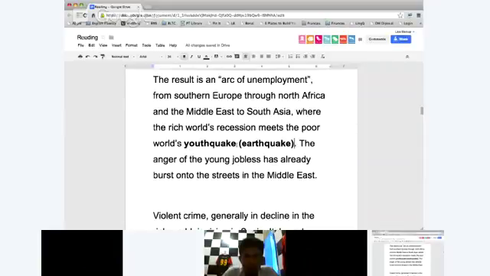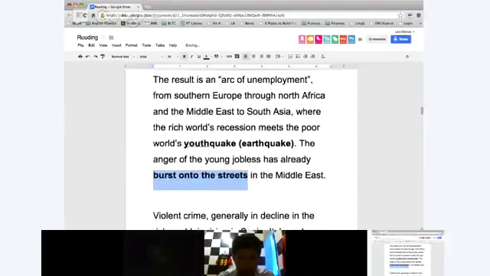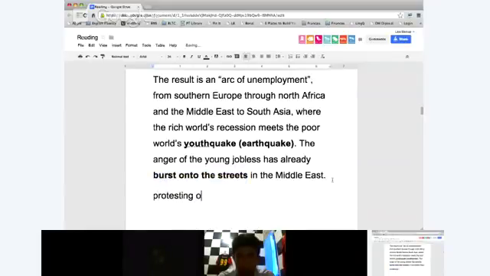But their idea here is the youthquake, and that means that young people in different countries around the world who cannot find jobs are getting mad, they're getting angry, and so they're making movement and disrupting. They've already burst onto the streets. This means they've probably been in the streets protesting something.